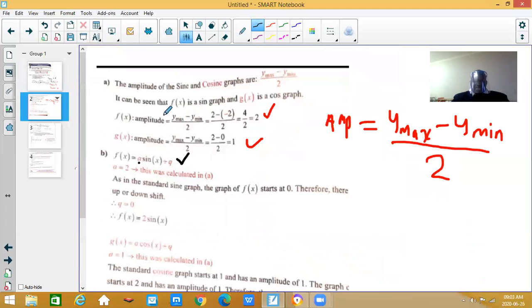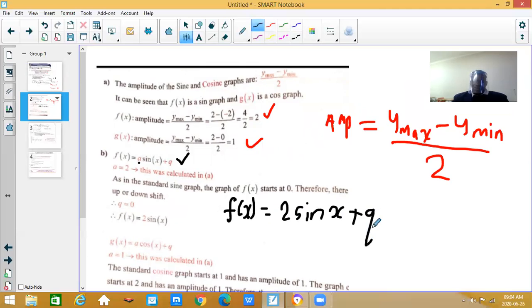Now, when we substitute, because we have f(x), we are saying f(x) is equal to a, which is 2, times sine x plus q.